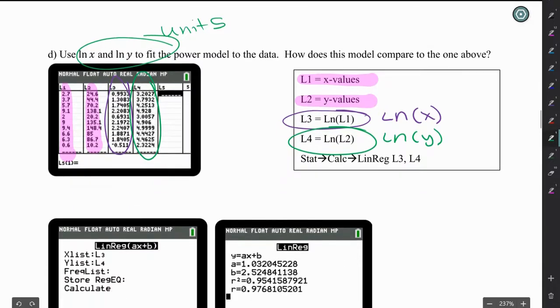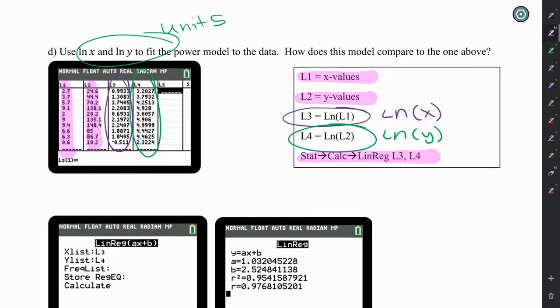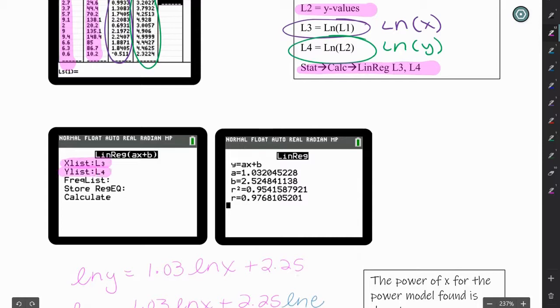Now from here, we tell our calculator to do a linear regression using L3 and L4, okay, which is what I have here. Now from here, if you look at the calculator, we have our A and our B values. So we take those and we put them into the linear regression equation.